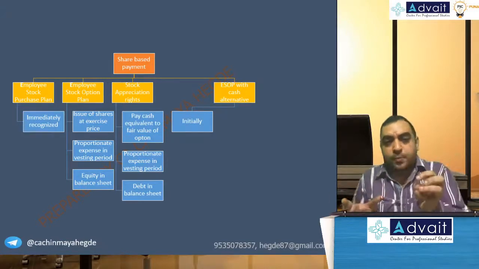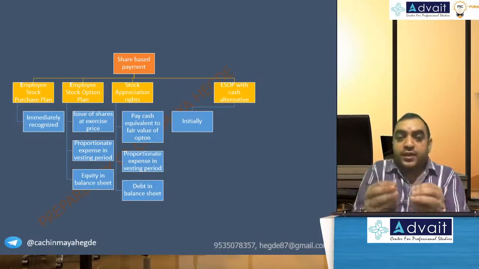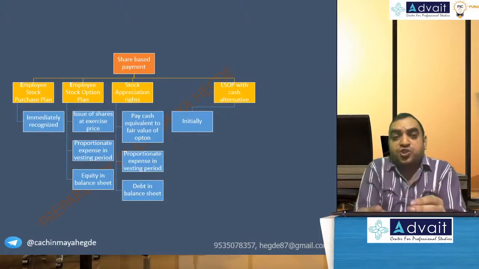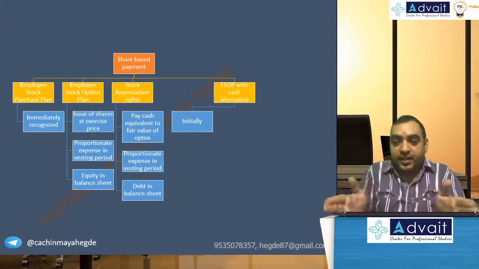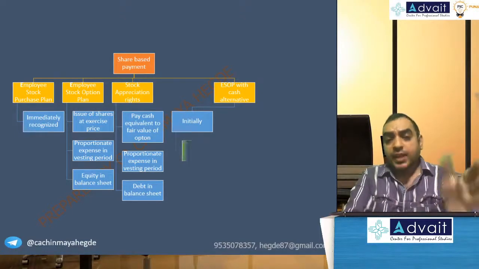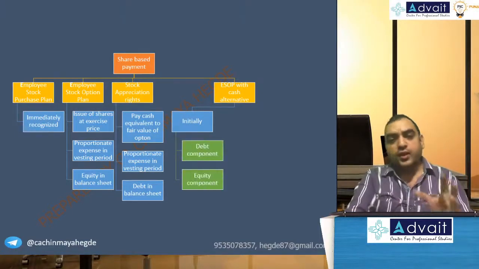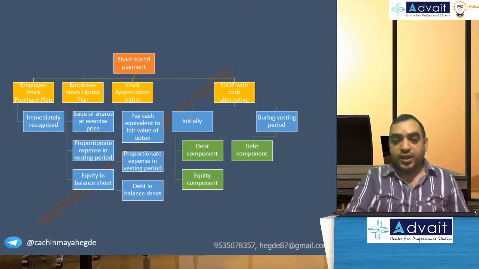Because there is a debt component as well as an equity component, technically it is called a compound financial instrument, and we need to separate the elements. We are going to do a problem on that, but you understand the debt component and equity component.